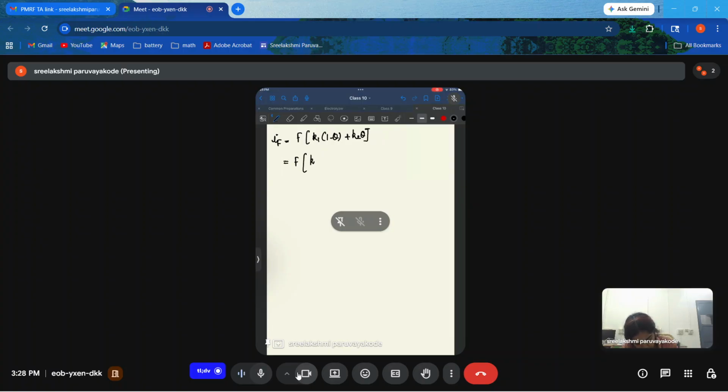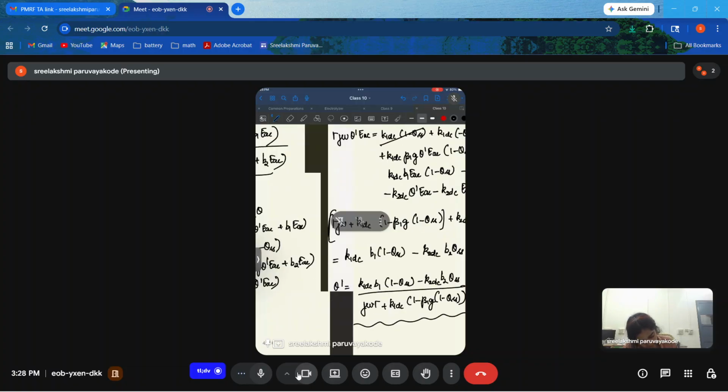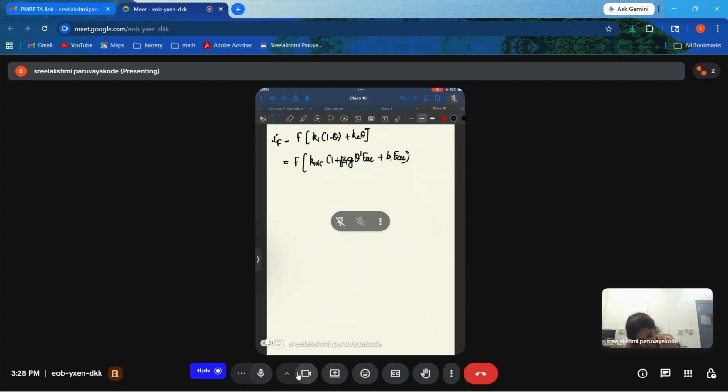IF equals K1 DC 1 plus beta 1 G theta dash EAC plus B1 EAC times 1 minus theta SS minus theta dash EAC, plus K2 DC 1 plus B2 G theta dash EAC plus B2 EAC times theta SS plus theta dash EAC.